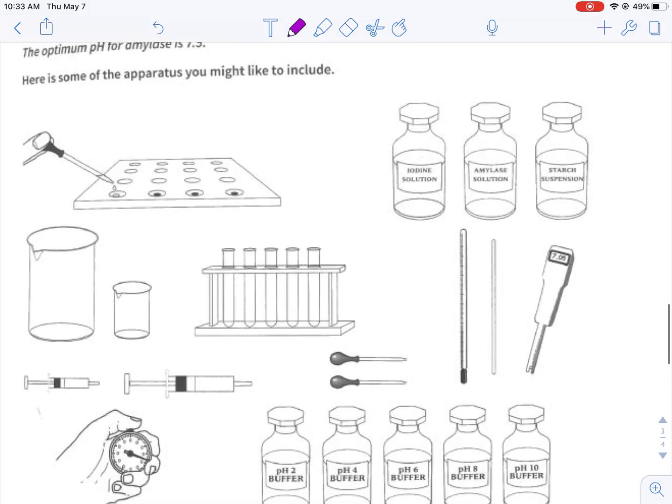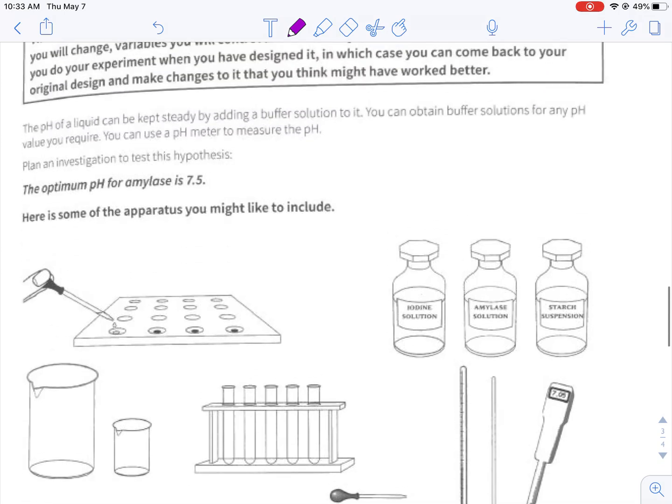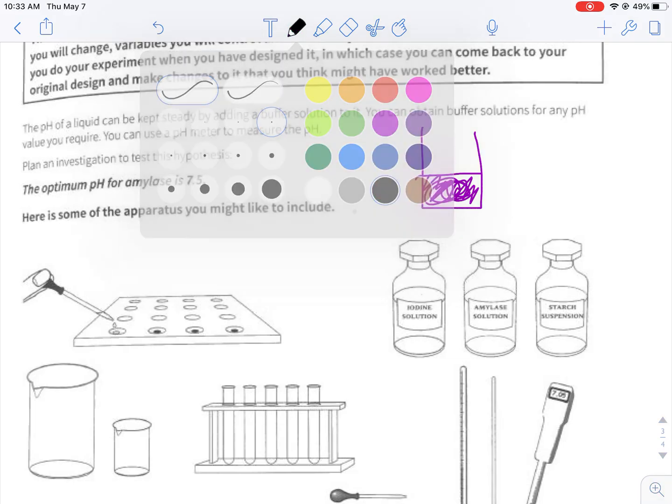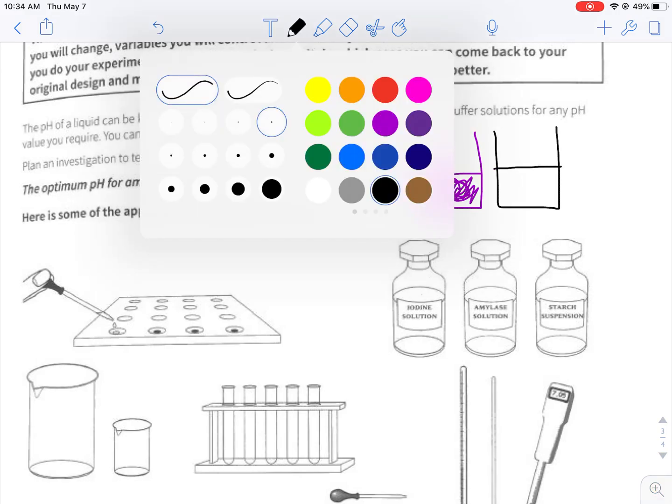If I have starch and iodine together in a beaker, I will have a purpley black solution. And as time goes on, if I have that amylase in there, it will become a clear solution.